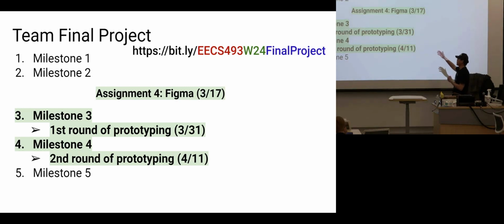Specifically, for assignment 4, you'll be using Figma to build a somewhat high-fidelity prototype. More importantly, for project milestones 3 and 4, you'll be using Figma to design and build your own project, your own product. That's why Figma is very important. So please rewatch this lecture if needed, or just search on Google.